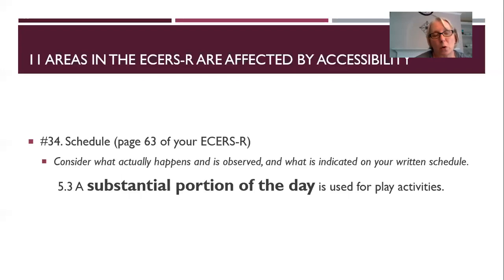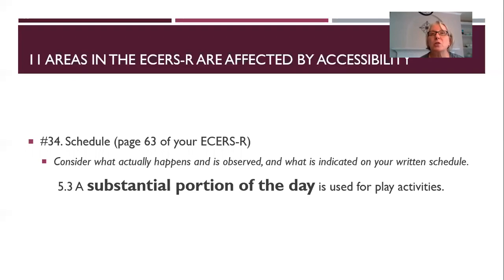Number 34, on page 63 of your ECERS-R, the item is schedule. And when they're talking about schedule, one of the things that will be considered for your assessment is not only what actually happens, but also what is observed and what is indicated on your written schedule.